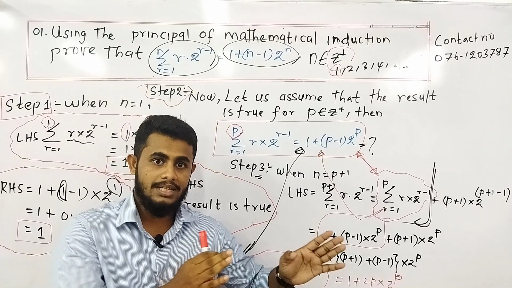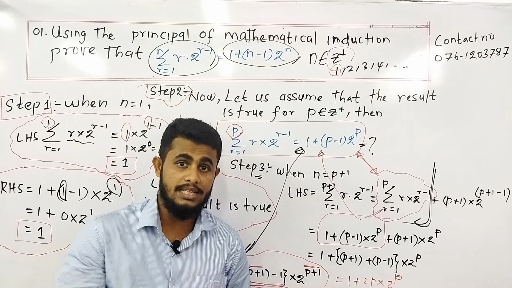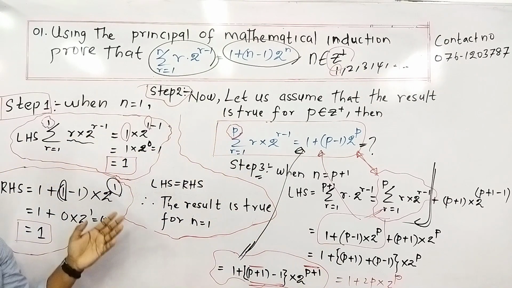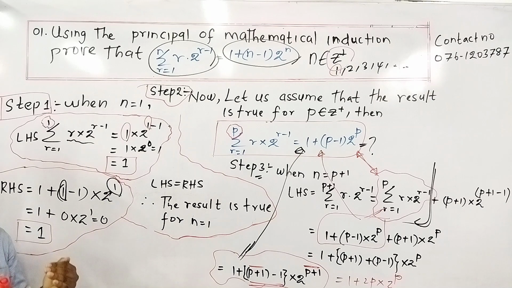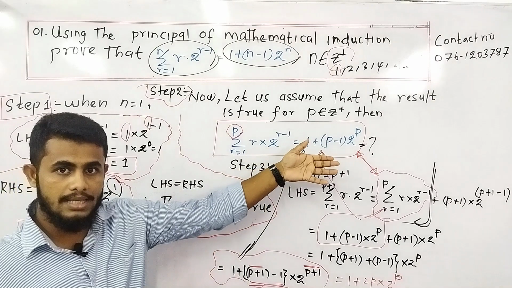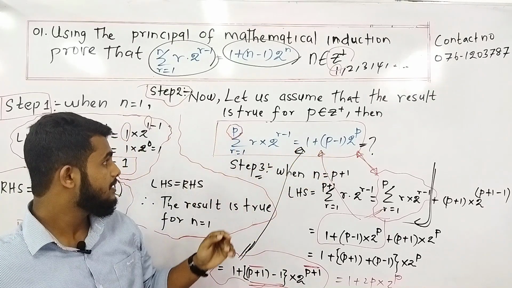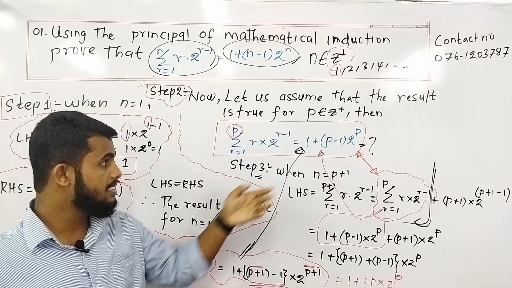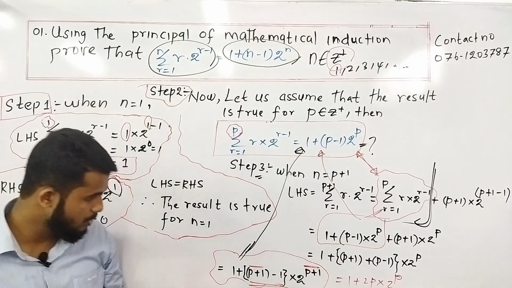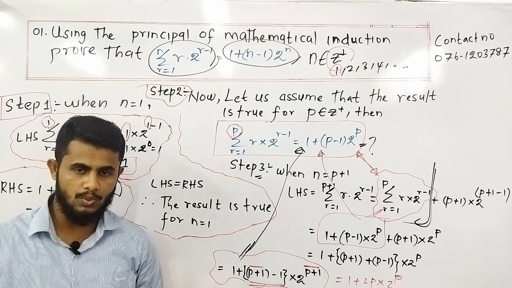Now tell me, what is the conclusion that you are going to write here? We have proved that this result is true for n equals 1, the least number that n can take. We made the assumption that the summation up to p is equal to this part, and now I have proved this part is true for n equals p plus 1.